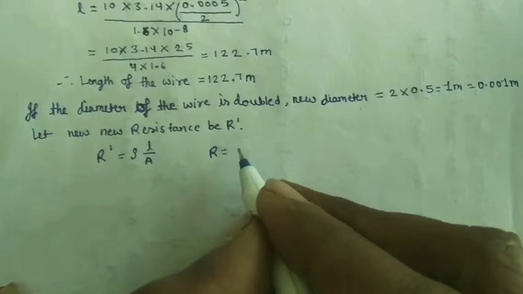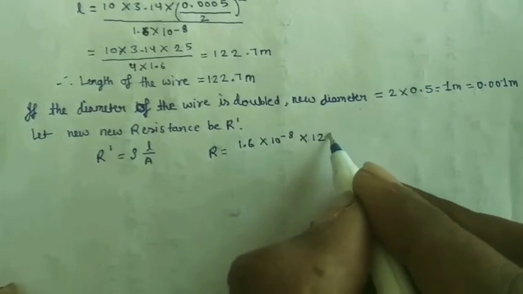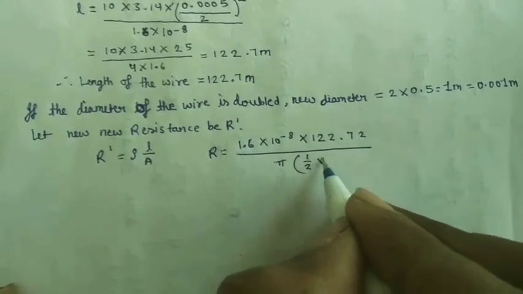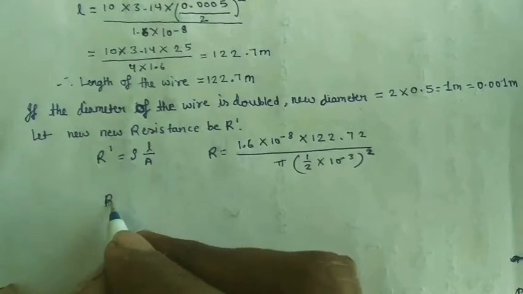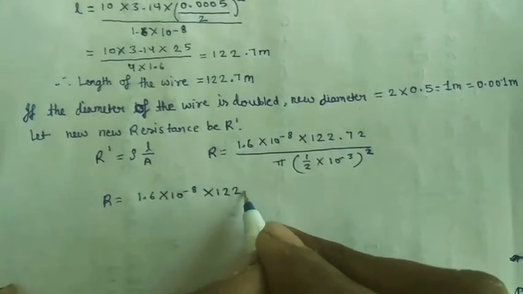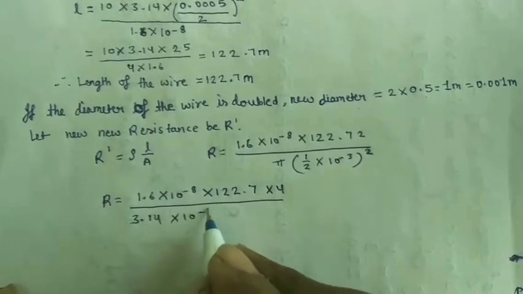R dash is equal to 1.6 into 10 to the power minus 8 into 122.72 divided by pi into 1 by 2 into 10 to the power minus 3 whole square. R is equal to 1.6 into 10 to the power minus 8 into 122.7 into 4 divided by 3.14 into 10 to the power minus 6.